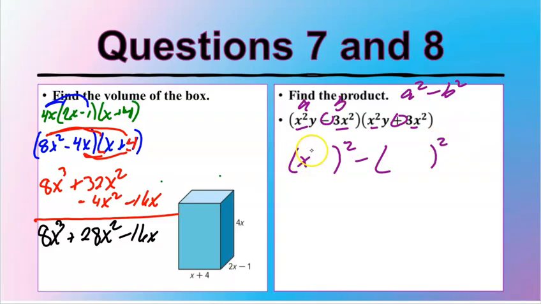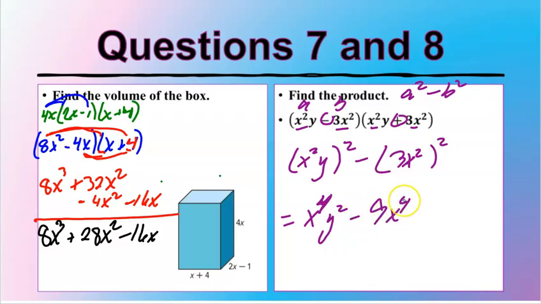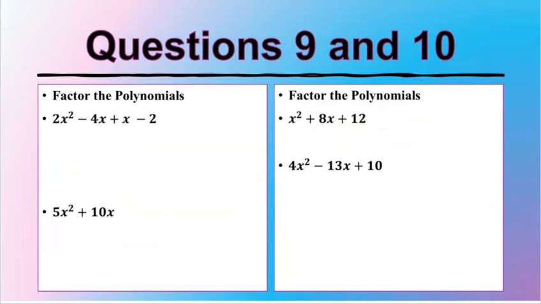I would have x squared y squared minus 3x squared, and then square that. So my answer would be x to the fourth y squared minus 9x to the fourth.